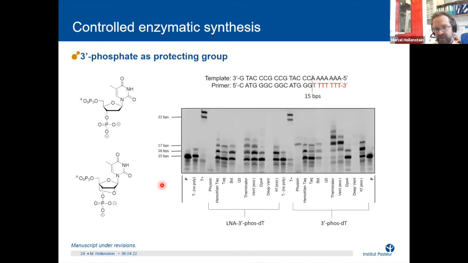So we then changed to a different system to better understand all this, and used a template that has a 7A overhang, and used these modified nucleotides. And even there, we observed that multiple incorporation events proceeded, and LC-MS analysis confirmed that multiple natural nucleotides were incorporated.